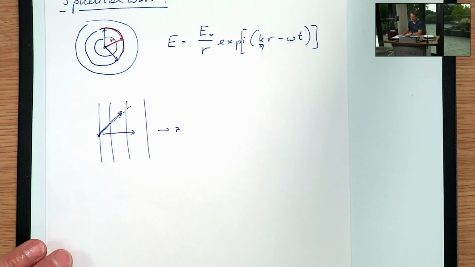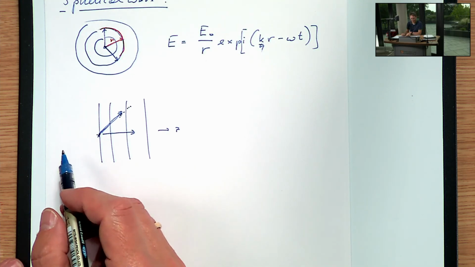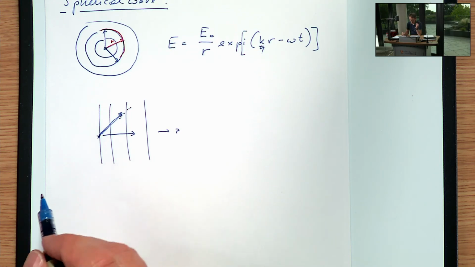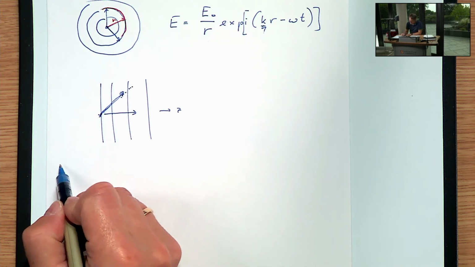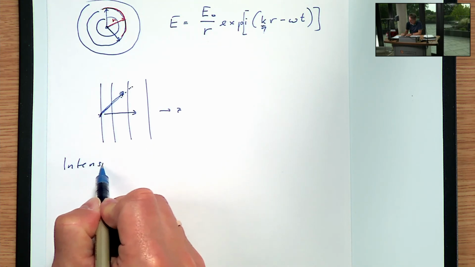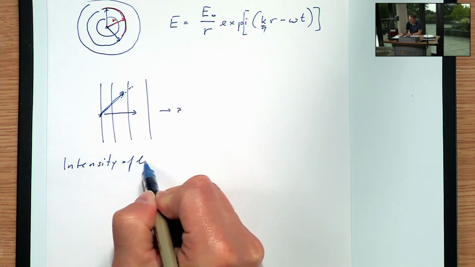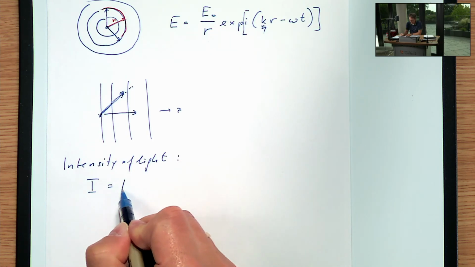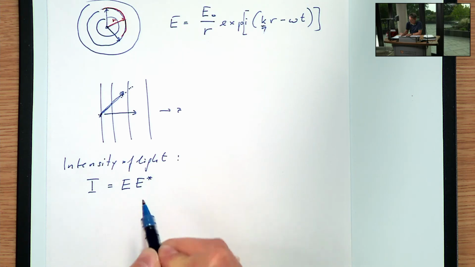Finally, and importantly, because this is the last bit, it's only going to take a minute, but it's very important. The intensity of light is given by I is equal to E times E star.